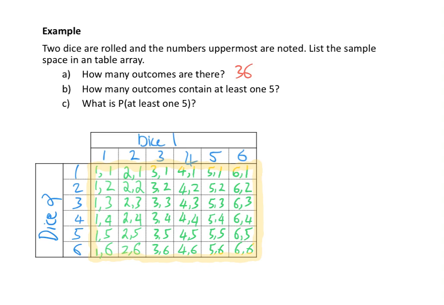Now I need to have a look and see how many outcomes contain at least 1 five. To do that, when I roll die 1, I know that anything in the column with 5 up the top is going to give me at least 1 five. And then when I roll die 2, anything in the row that has 5 is going to give me at least 1 five.